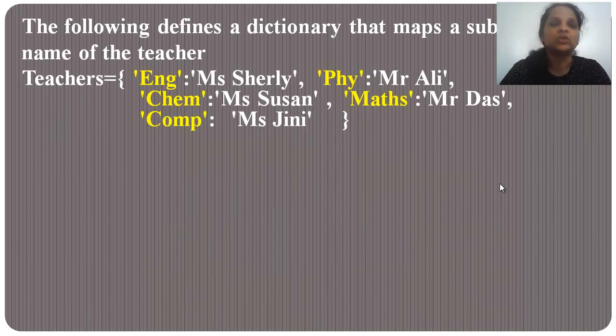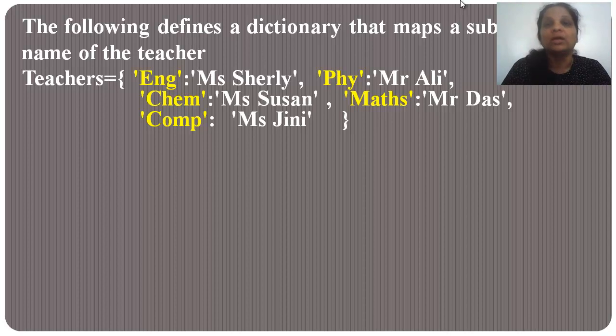Okay. So let me just take you through this example. I have created a dictionary named teachers. Now, what you see in yellow here, I've purposely highlighted it. What you see in yellow here are all the keys of the dictionary. And what you see in white here are the values associated with it. So my first key is ENG and the value associated with it is Miss Shirley.